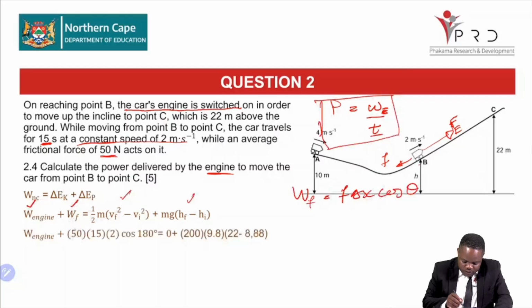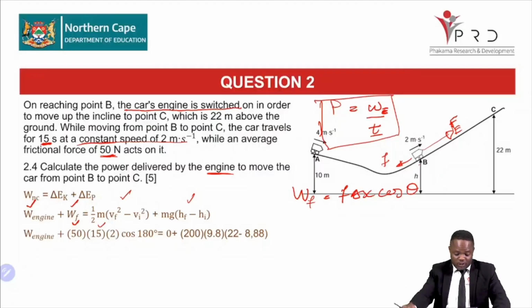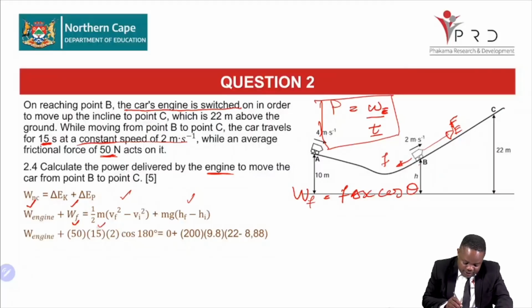The frictional force you're told is 15. Okay. What is our delta x? Our delta x there is given 15. How do we know our delta x is 15? Grade 12, how do we know our delta x is going to be 15 multiplied by 2? Take note there. This is our delta x.